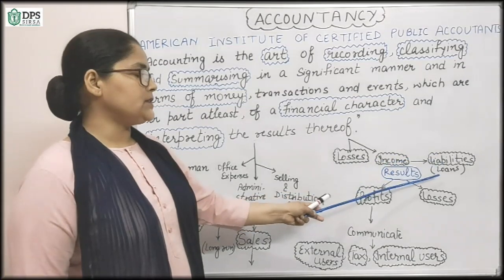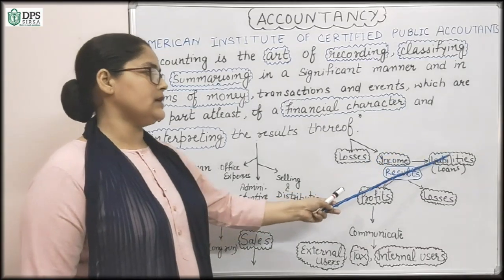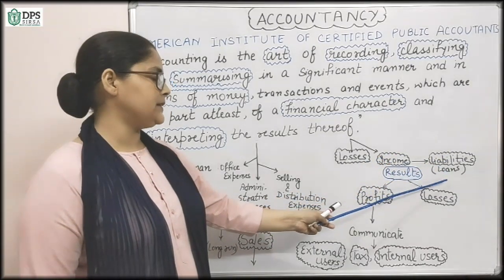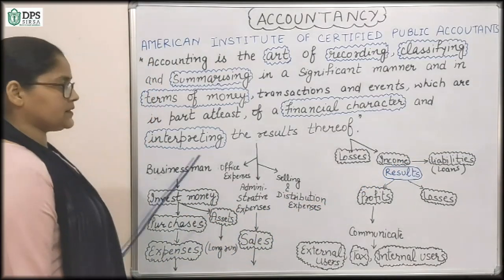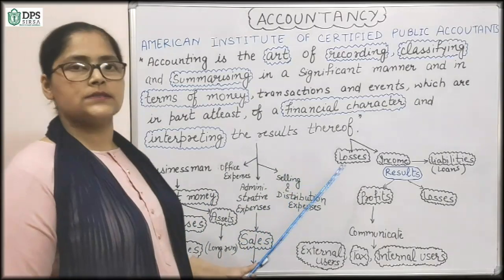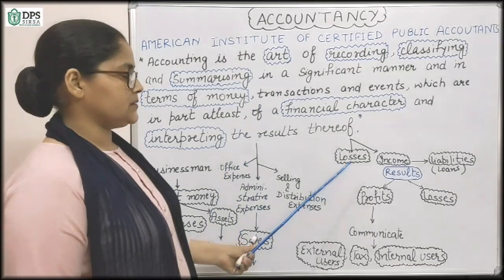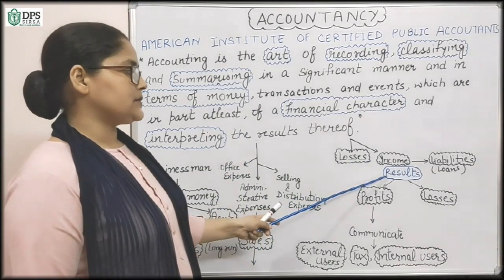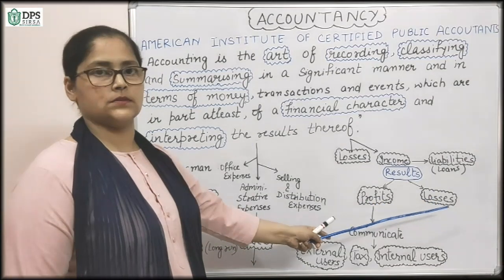So incomes are used for the payment of liabilities. And after all the transactions and events, the results come, and the results may be profits or losses.